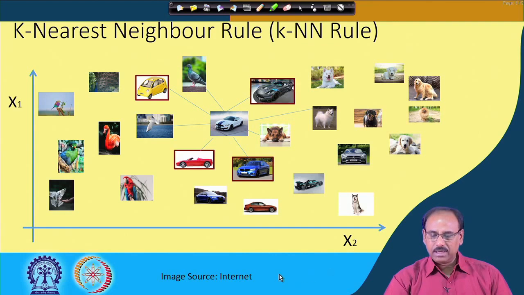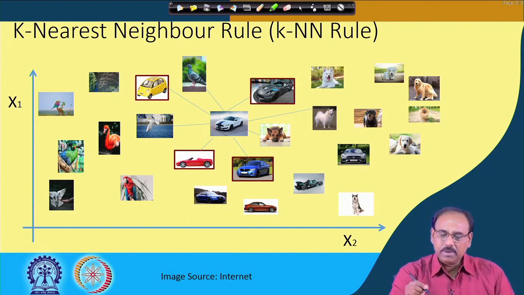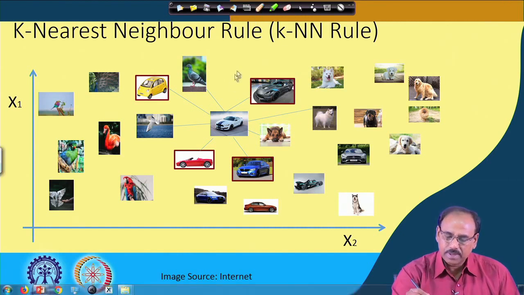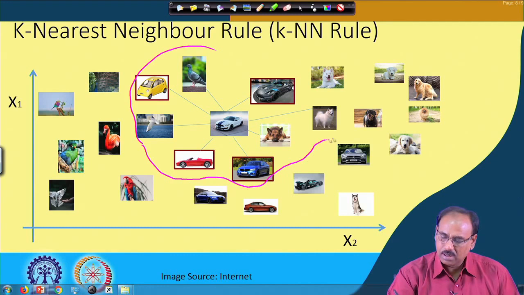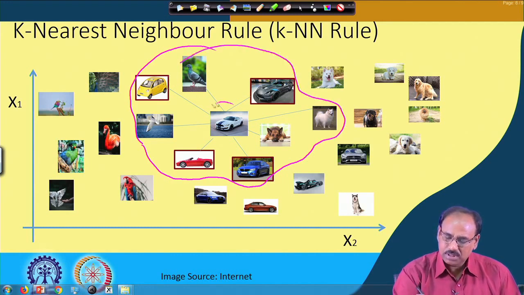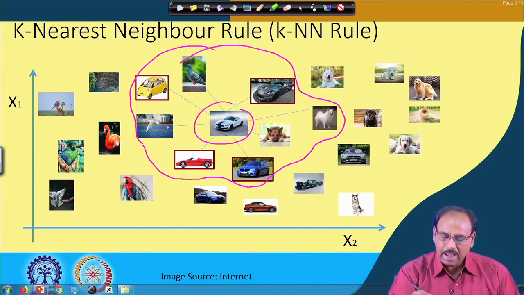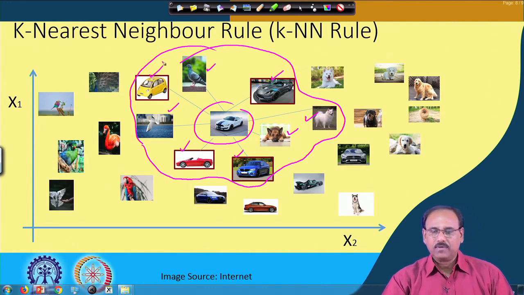So, in this particular case, out of all these images which are nearest to this unknown image, I have 2 images which belong to bird, I have 2 images which belong to dog, but I have 1, 2, 3 and 4 images of cars.